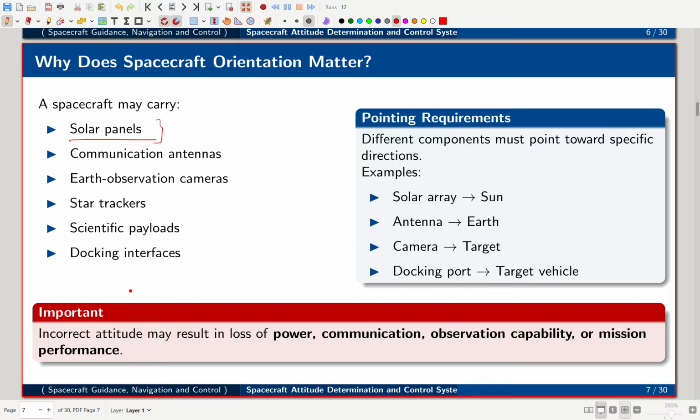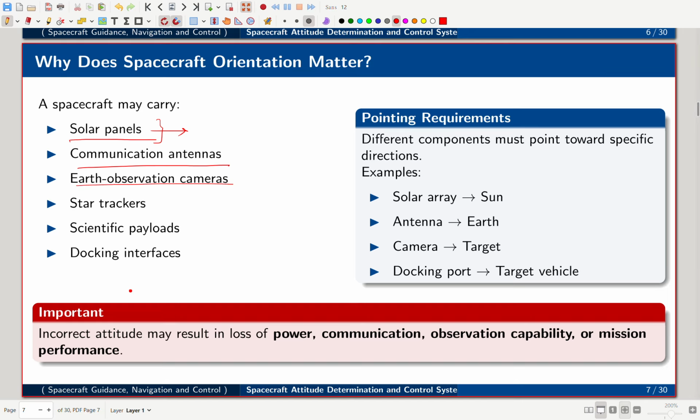So we require solar panels. For this, the orientation needs to be towards sun pointing, so that it starts to give some power.